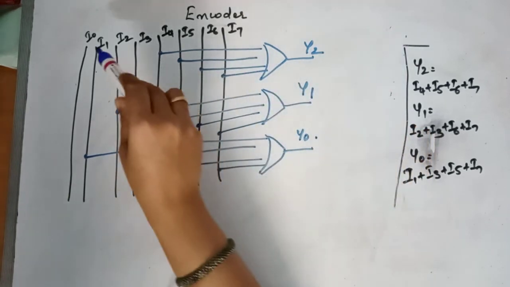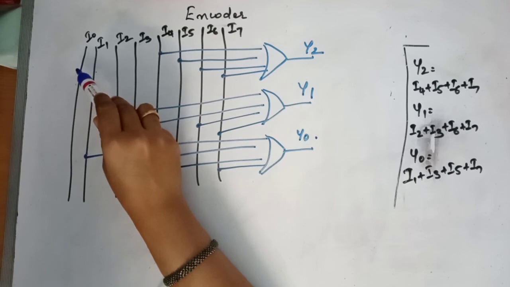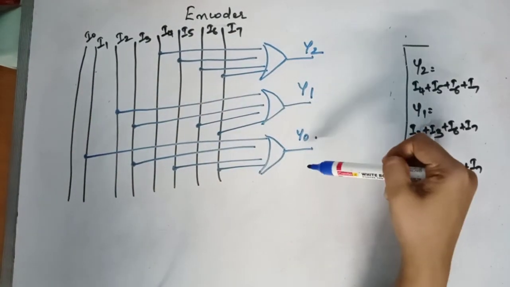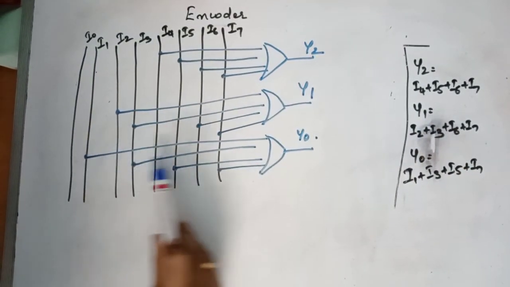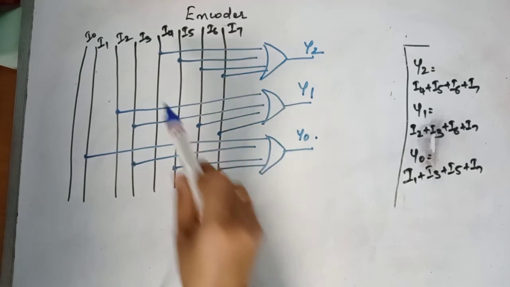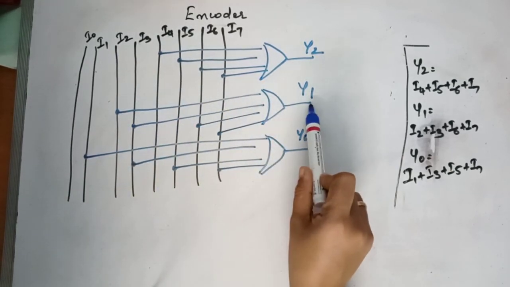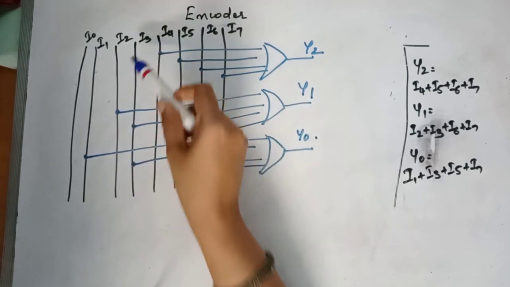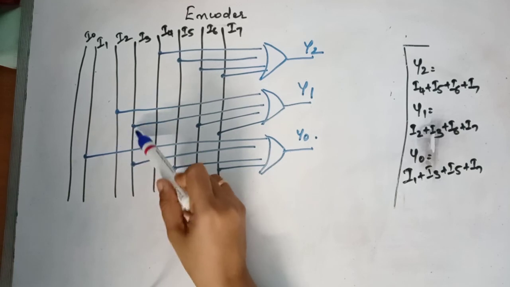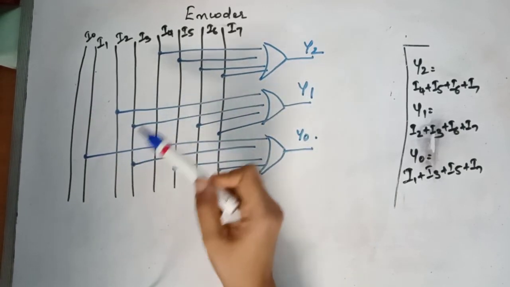So if I keep I0 as 0, all will be 0. I1 as 1, I1 is 1 means Y0 is 1. I2 is 1 means Y1 is 1. In that there is no other connection. I3 is 1 means you have two connections, so Y1 and Y0 both will be 1.